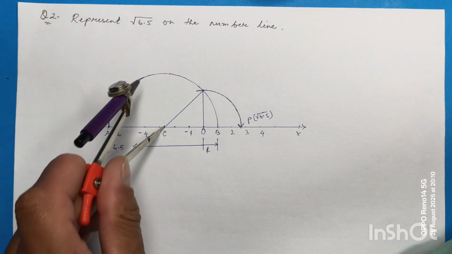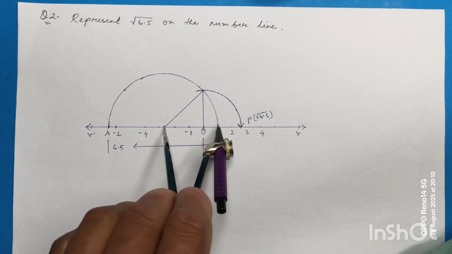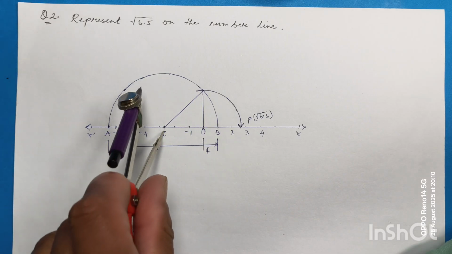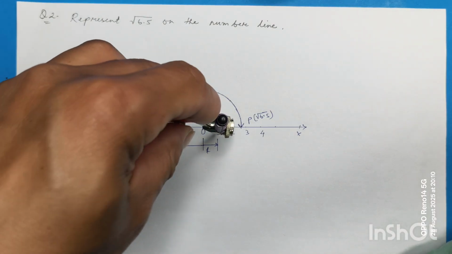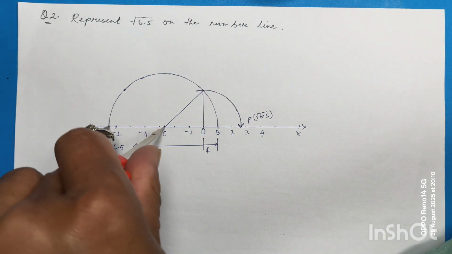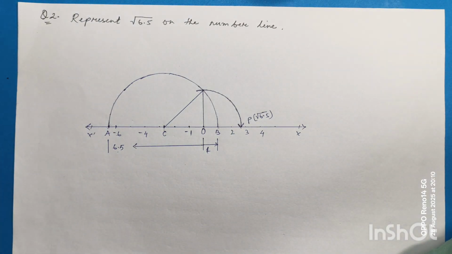With center C and radius BC or AC, let us draw an arc. Let's draw a semicircle. And after that, now OD.